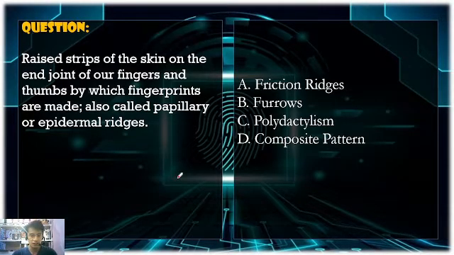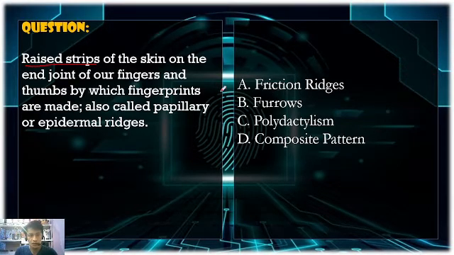It says here in our question, it is the raised strips of the skin on the end joint of our fingers and thumbs by which fingerprints are made, and it is also called papillary or epidermal ridges. Looking at the question, we can see some keywords here. It says raised strips.